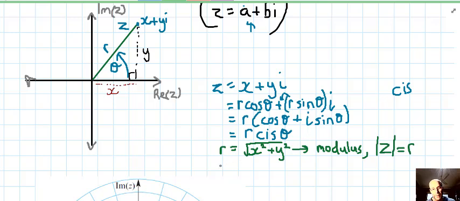The theta on the diagram has a name, and it's called the argument. You might think that's amusing. The argument is a bit like the direction, and it is anti-clockwise. The direction of a 2D vector corresponds to the argument in a complex number, and it is anti-clockwise too.